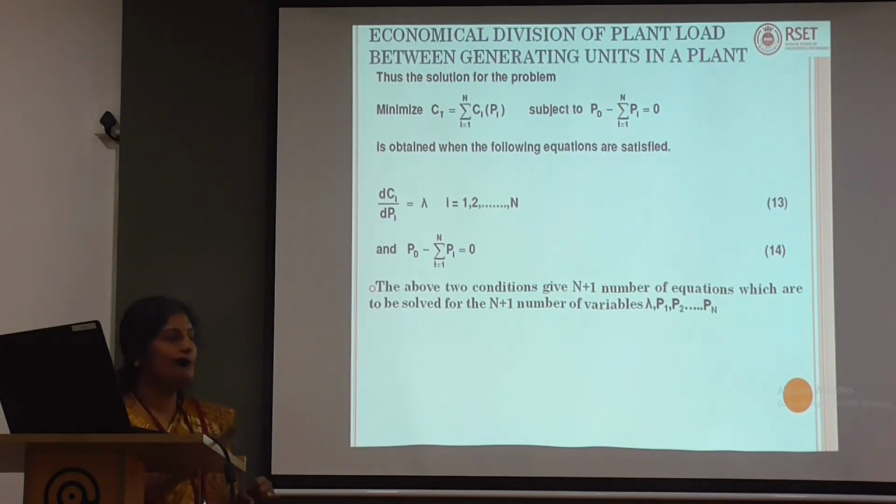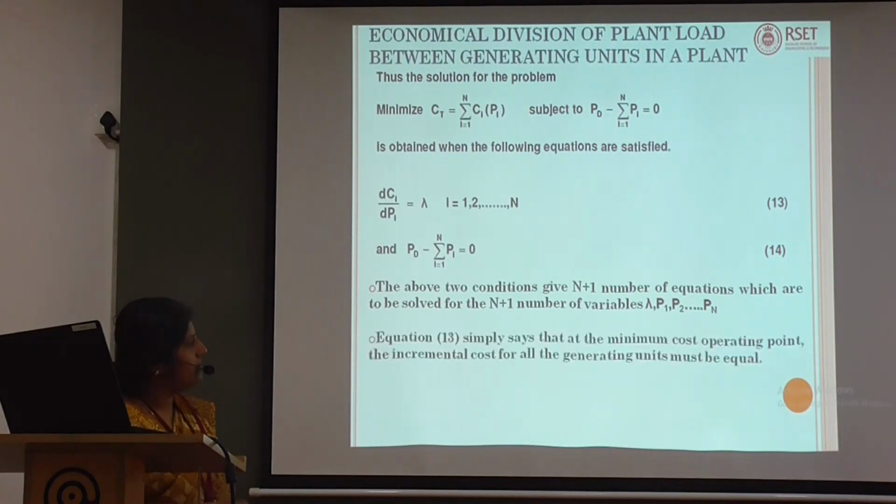P1, P2, P3 till Pn, for n units, plus lambda as one more variable. So totally we have n plus 1 variables. And we have n equations, dC1 by dP1 equal to lambda, dC2 by dP2 equal to lambda, like this, plus the power balance equation, so n plus 1 equations. So we have n plus 1 variables and n plus 1 equations.